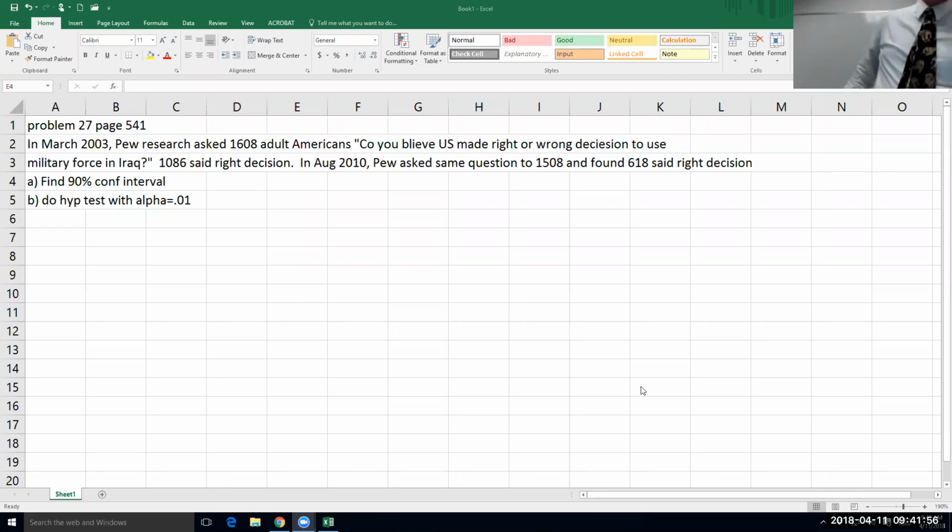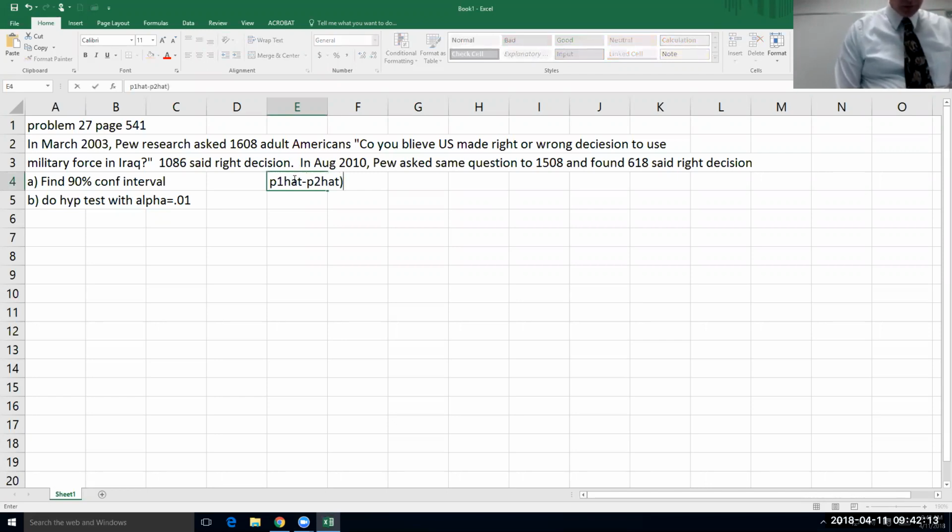Confidence interval for two proportions. So the equation that you should use is: P1 hat minus P2 hat, plus or minus, Z sub alpha over 2 times the square root of P1 hat times Q1 hat divided by N1, plus P2 hat times Q2 hat divided by N2.